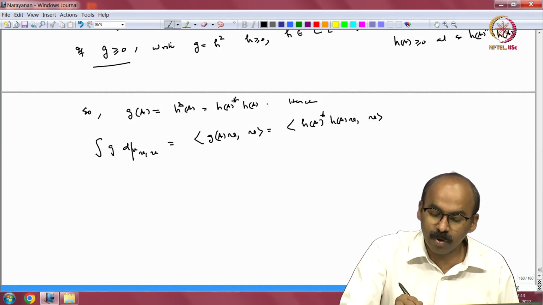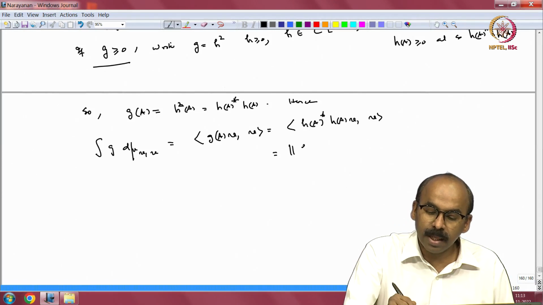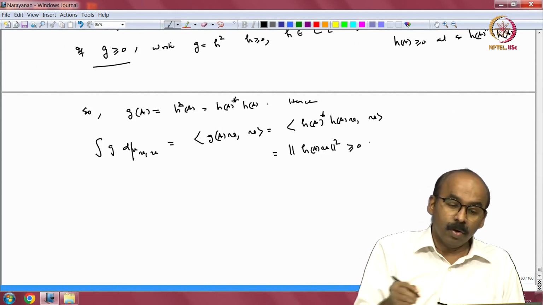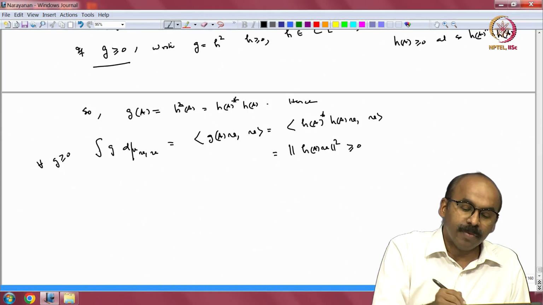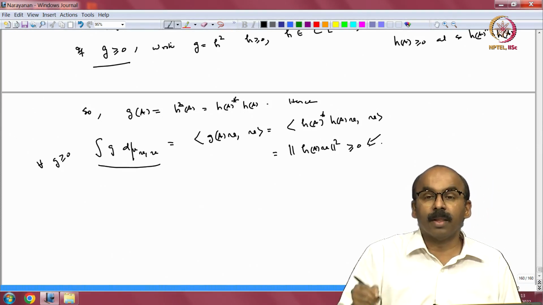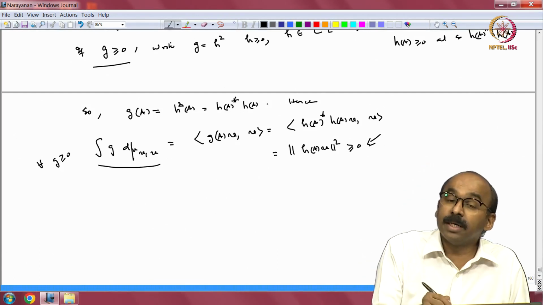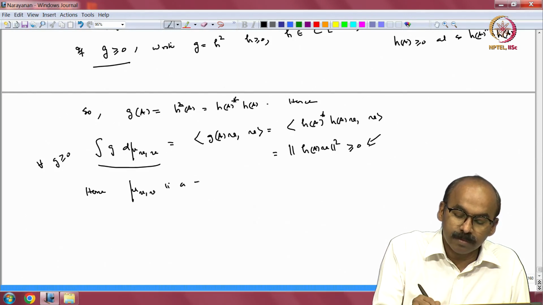You have seen this before, h of A star goes to the other side as h of A, and this is simply h of A v norm squared. So, this is positive. So, for every positive g, I know that this integral is positive. Okay. So, hence the measure mu v v is a positive measure.